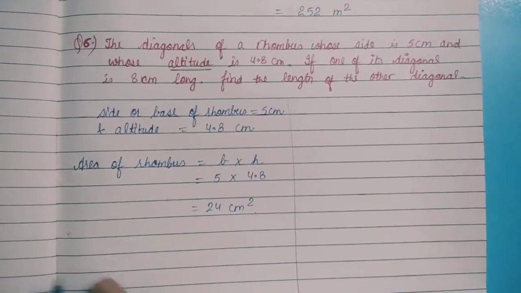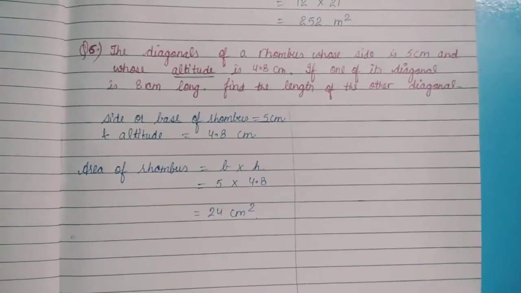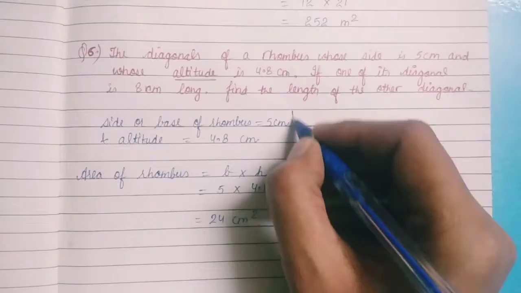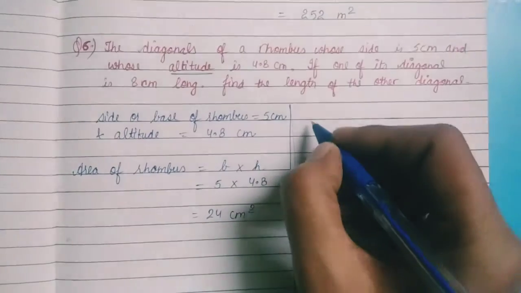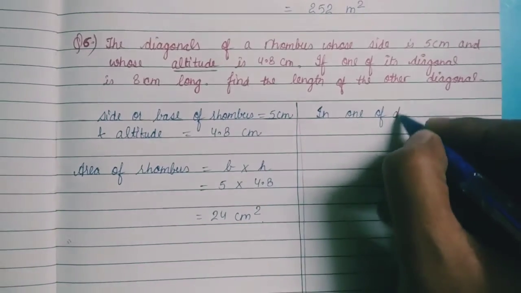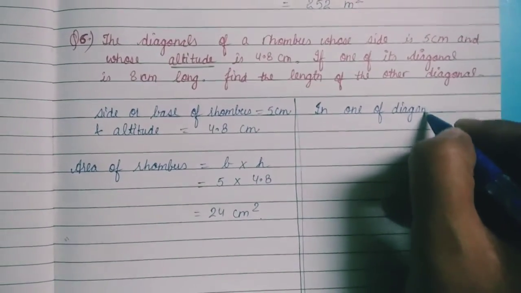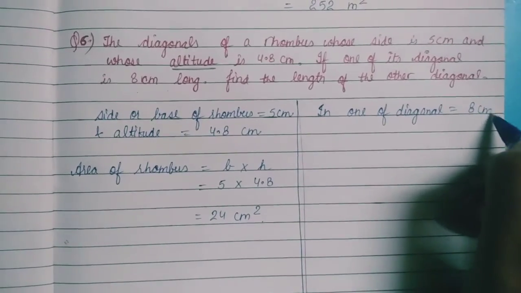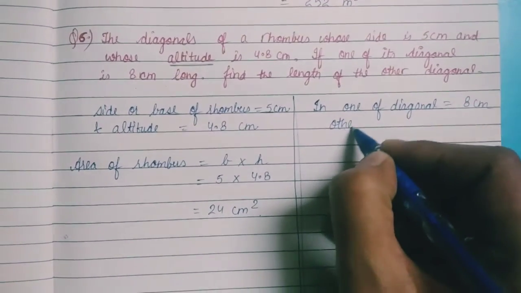We need to find the other diagonal. Before that, we have the first diagonal. One of the diagonals is given as 8 centimeter, and we have to find the other one.